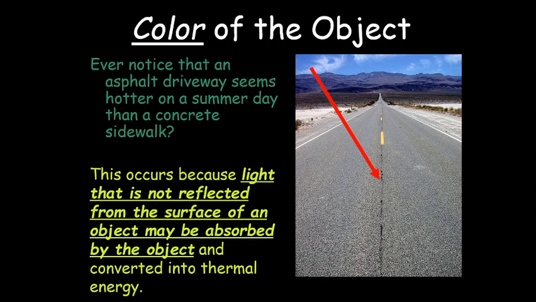Now, concrete, if you were to zoom in on concrete, it actually has very tiny holes that let air in and out and so on, depending on how the concrete was poured, what kind of sand they use, and stuff like that.